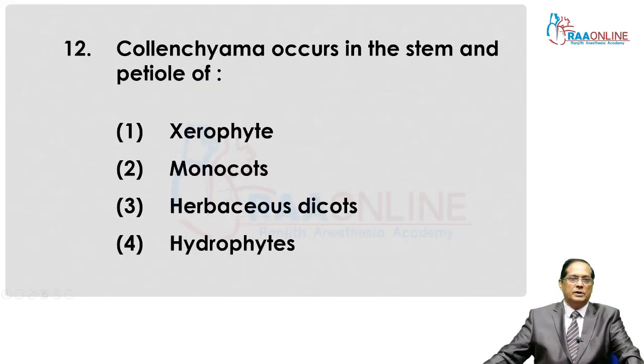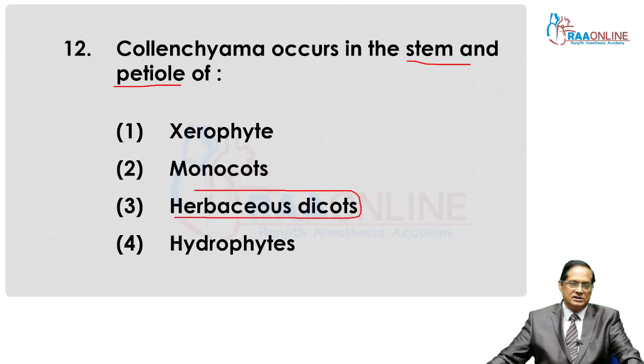Collenchyma occurs in plants. The location I have already said, they are restricted to the dicots only. They are found in the stem and petiole, that is leaf stalk, only in herbaceous dicots. No collenchyma in xerophytes, no collenchyma in monocots, no collenchyma in hydrophytes.